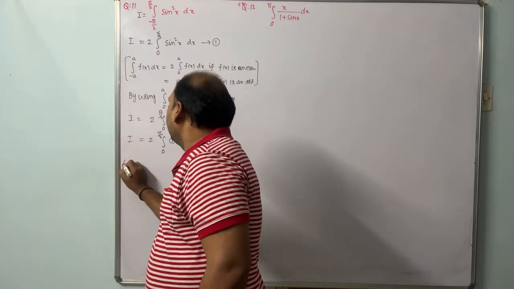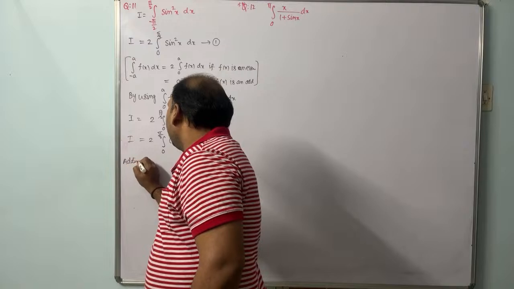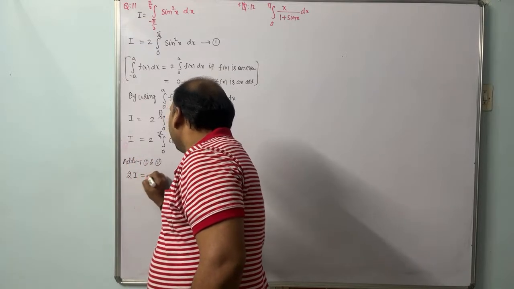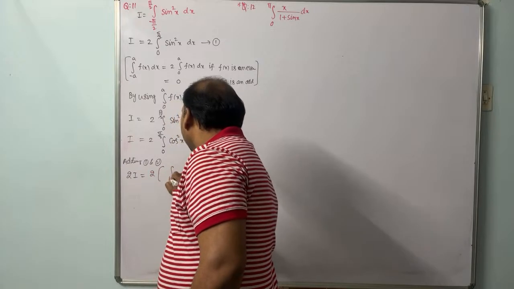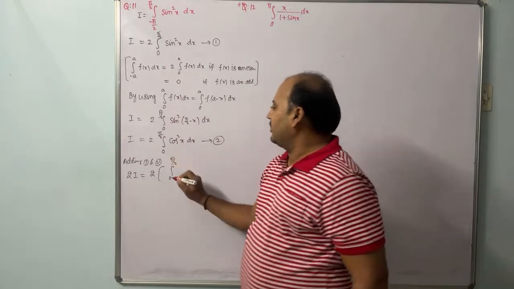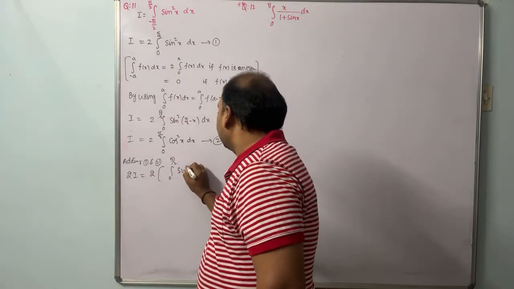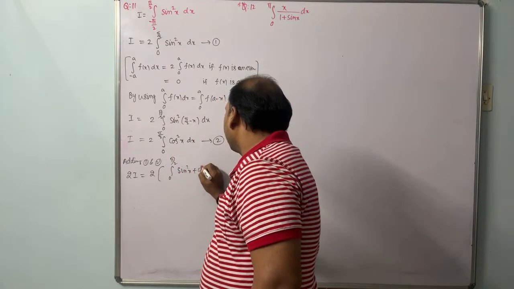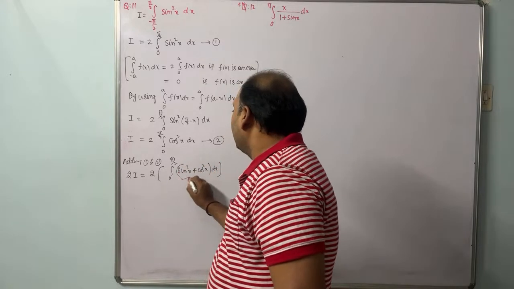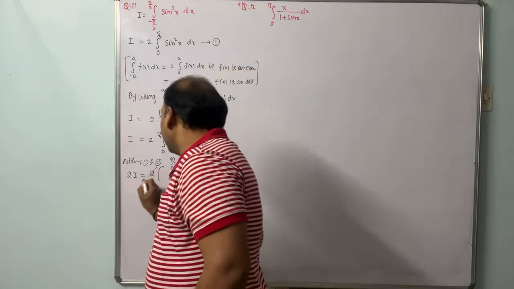Adding 1 and 2, 2I equal to, here 2 take common, the integral from 0 to pi by 2, here sin square x, here cos square x. Sin square x plus cos square x into dx. This value goes to be 1 now. Both sides 2 get cancelled.